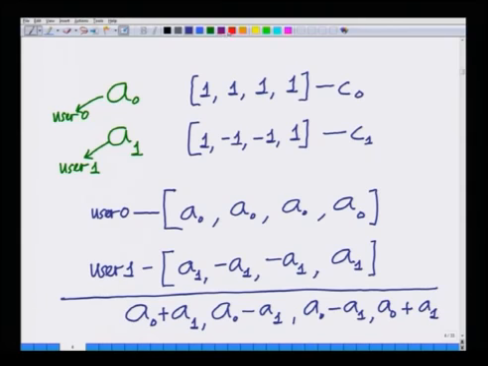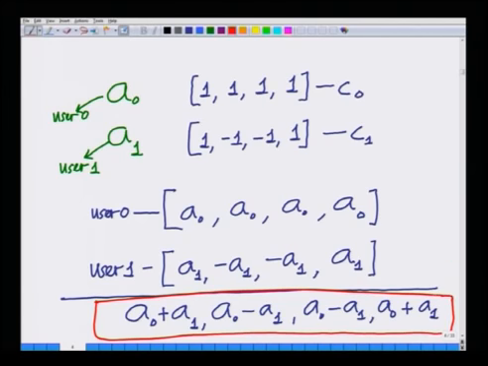So, this is the net signal that is transmitted over the air. I am taking the symbol corresponding to user 0 and multiplying it with its code. I am taking the symbol A1 corresponding to user 1 and multiplying it with its code, which is different compared to the code of user 0.